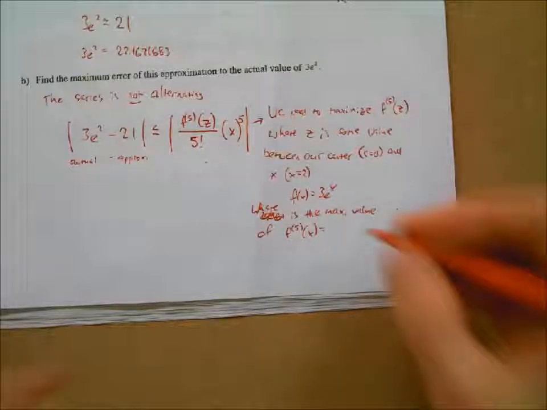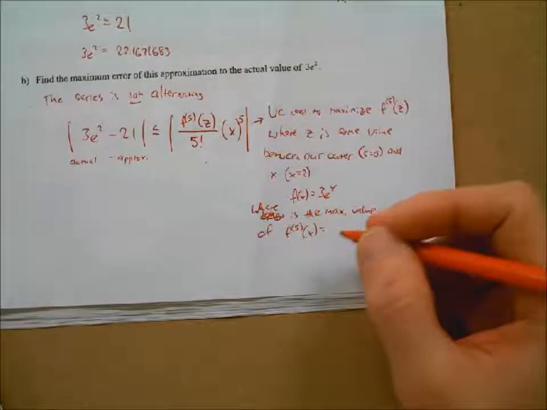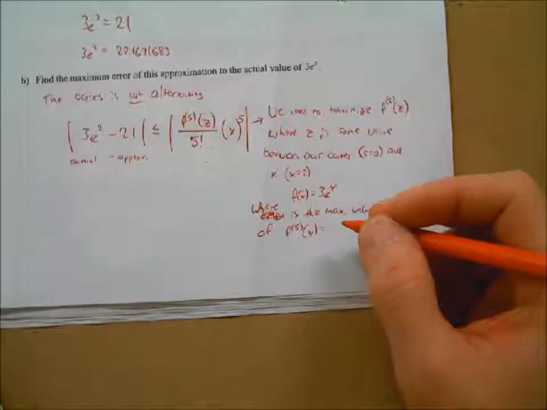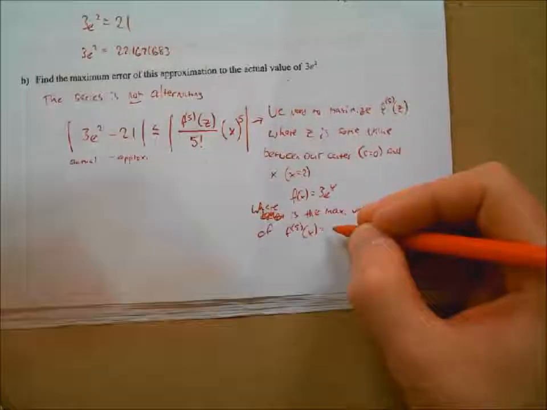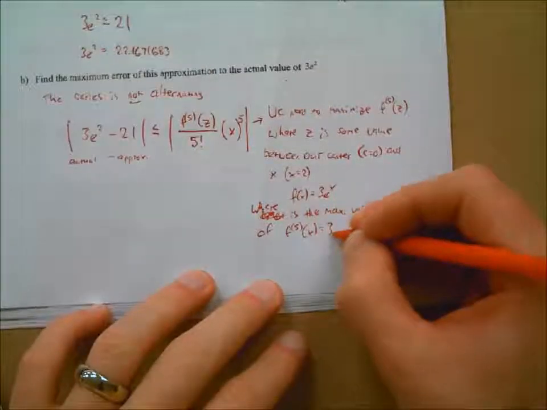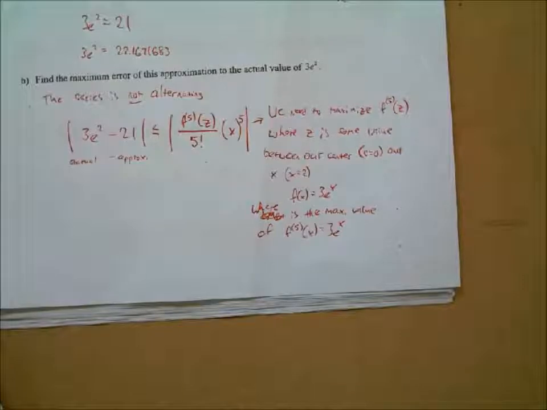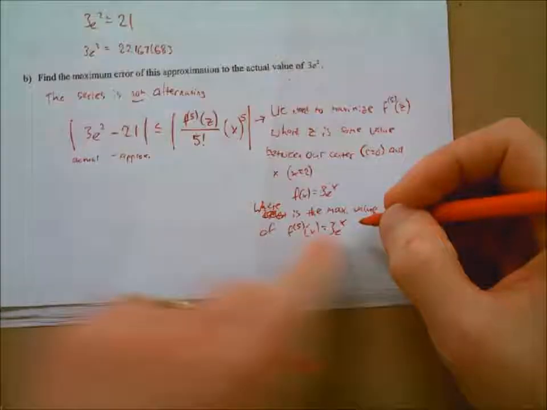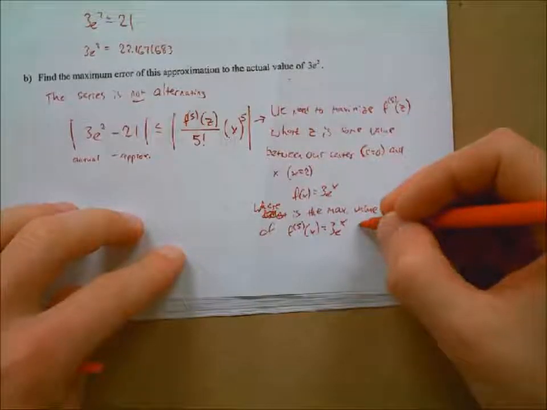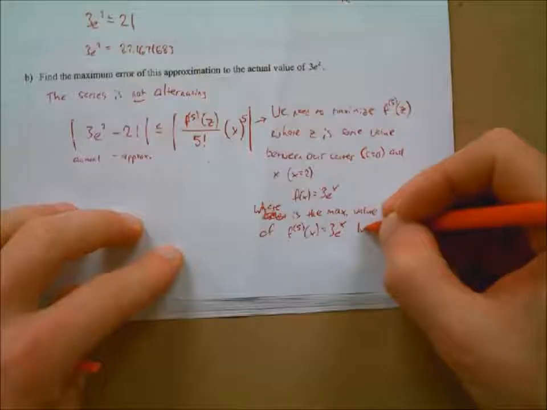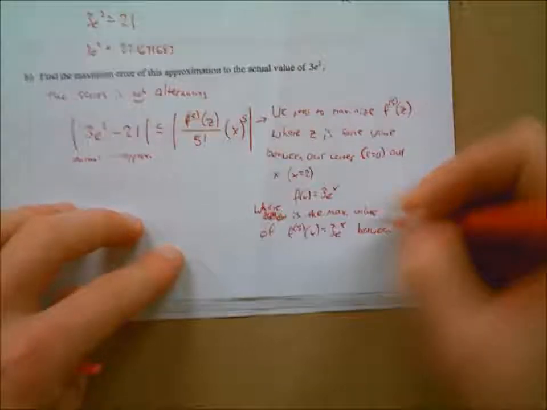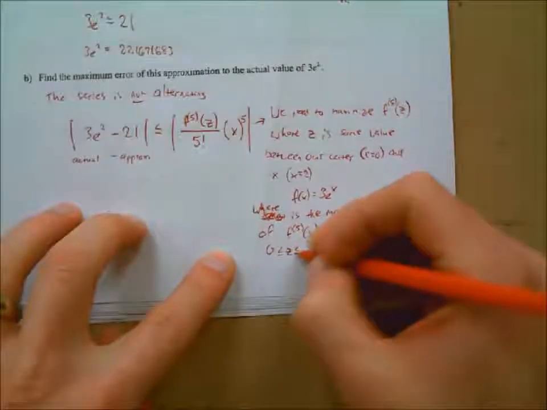That's really nice, because if it was something more complicated, we would actually have to get down to the fifth derivative here. But because it's just nice and easy, 3e to the x, we can just say, aha, the derivative will be 3e to the x, because it doesn't change as we take the derivative. So where is the maximum value of this fifth derivative, 3e to the x, for 0 less than or equal to z less than or equal to 2?